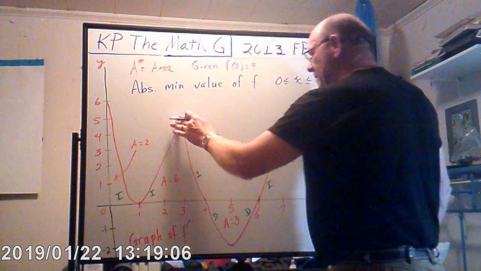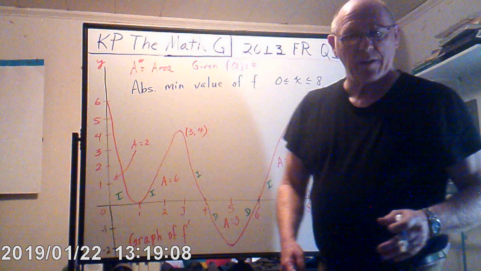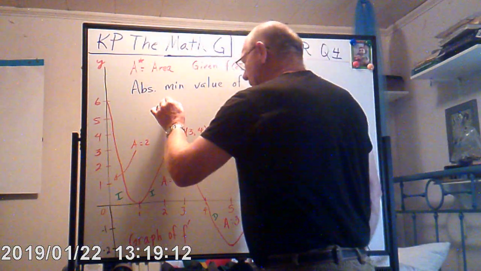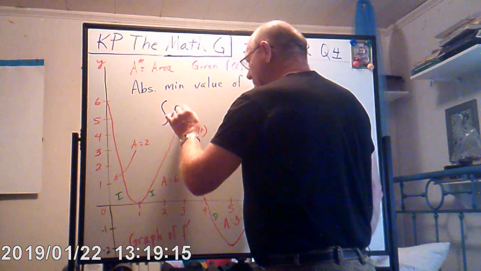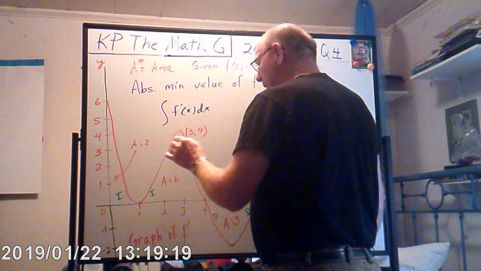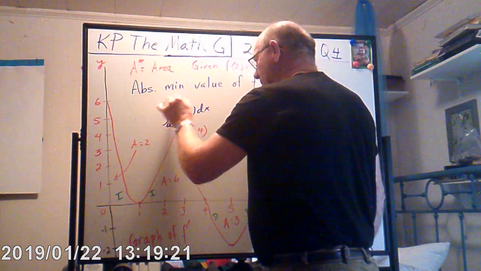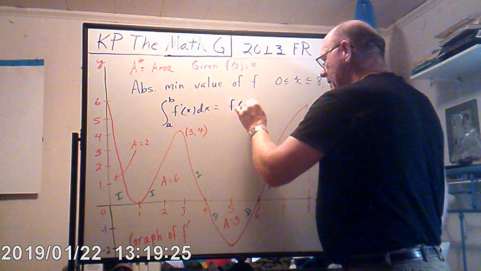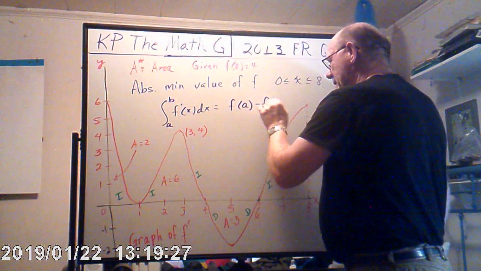Now, there's a rule. Remember that there's a fundamental theorem of the calculus that says that the antiderivative of f prime, remember what that is, let's say from a to b, that's equal to f at a minus f at b.